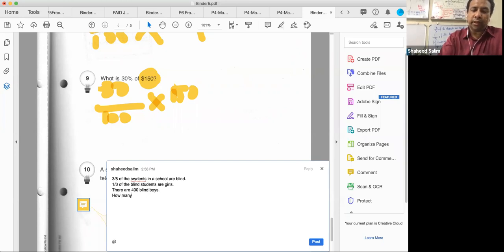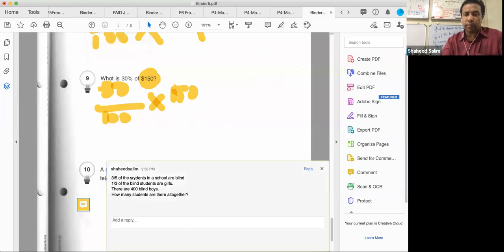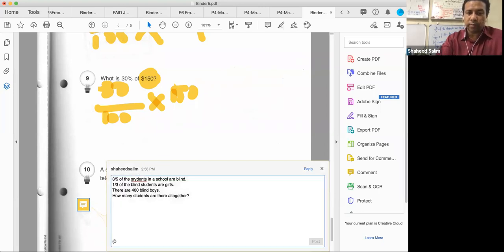How many students altogether? You must be able to do this sort of question. Okay, try. Think through. And draw a model also if you want to.